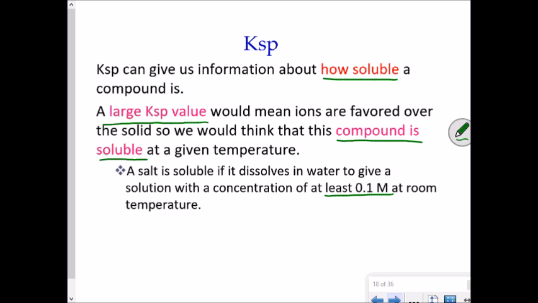So I could keep pouring the salt crystals into the water, and it has to dissolve enough to make a 0.1 molar solution. That is the definition we're going for to be considered soluble.